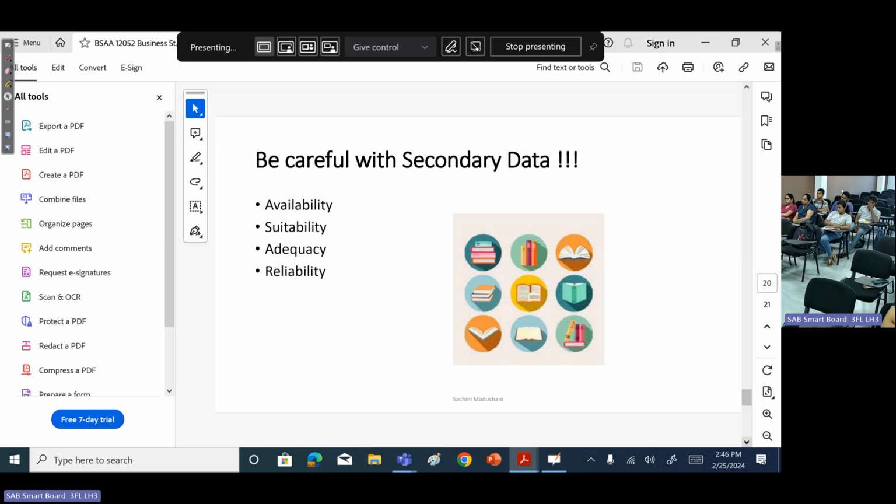Then, if the suitability is okay, we check the adequacy. Adequate means the data is enough or not. We check whether this data set is adequate, that is, enough to conduct my study or not.